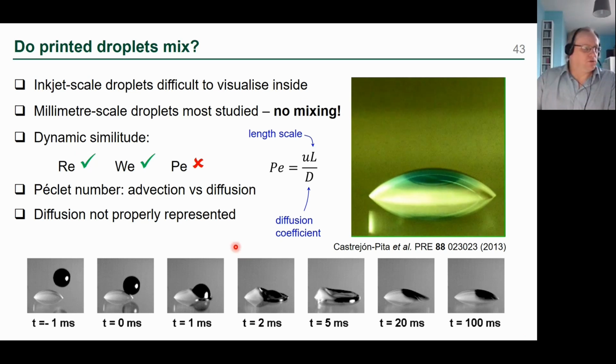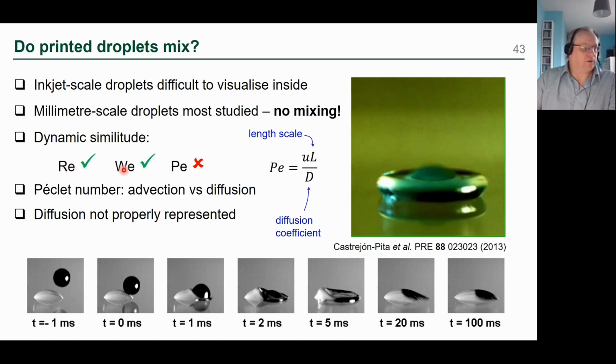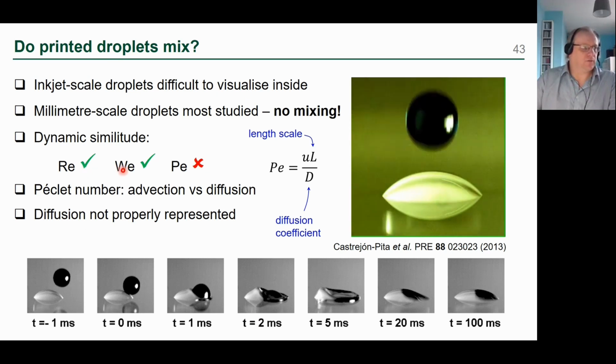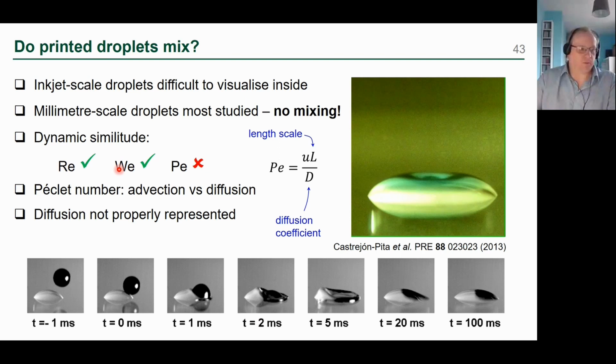And to make it relevant to inkjet printing, they match the Reynolds number and the Weber number. So you adjust the fluid properties to account for the much larger length scale, and the speed as well, to match your Reynolds number and your Weber number. So then you're dynamically similar to the inkjet regime.